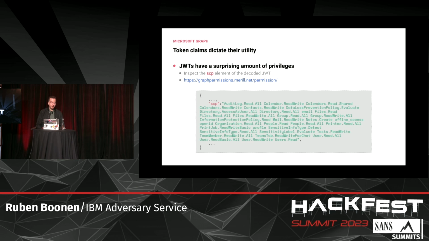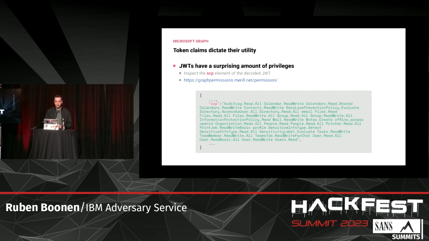Just because of our time constraints, we can't go through the structure of these JWTs, but I want to highlight one part. When you base64 decode the JWTs, you're going to want to know what kind of privileges they have.